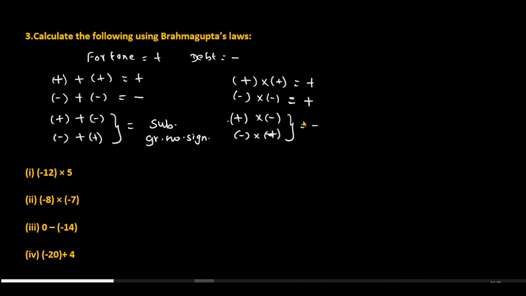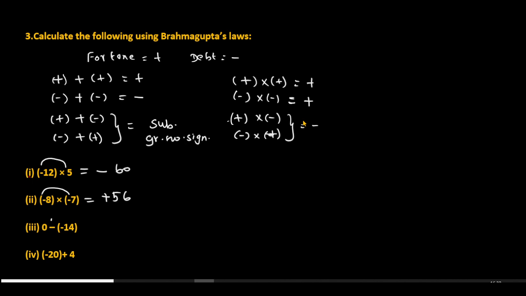Okay, using this find 12 into minus 5. Minus into plus will give minus, 12 5s are 60, and minus into minus gives plus, 8 7s are 56.